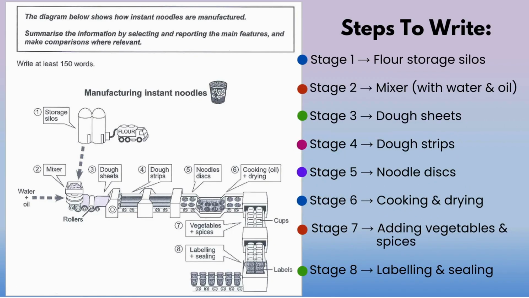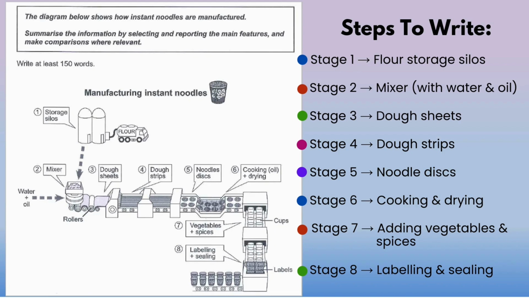Well, what are the steps to write? As you can see from the image, stage 1 shows that the flour is stored in the silos from the tanker that is supplying them.